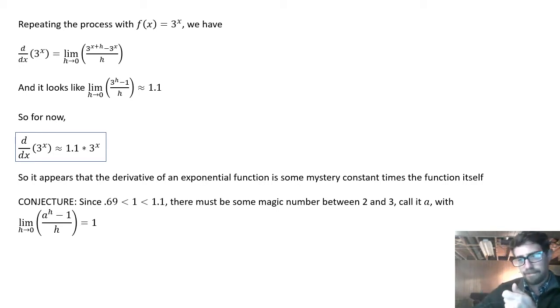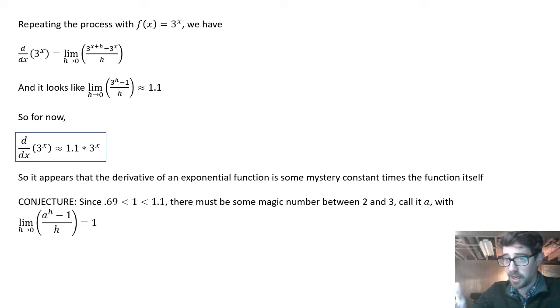So if there were a number between 2 and 3 where this limit, we're going to call it a, was exactly 1, we get the feeling there is. Since 1 is between 0.69 and 1.1, there should be some special number between 2 and 3 where that limit was just 1 exactly, which would mean that the derivative of a to the x would be 1 times the function itself, which is literally the function itself.